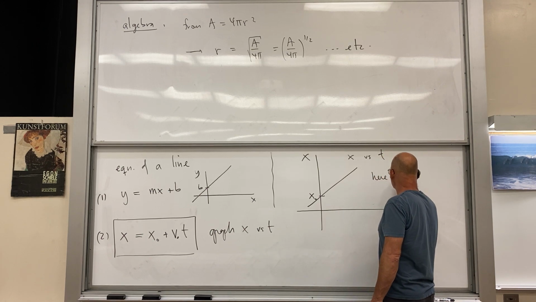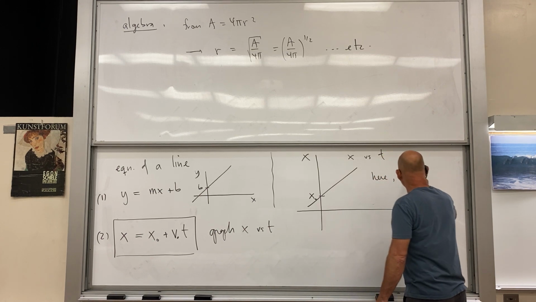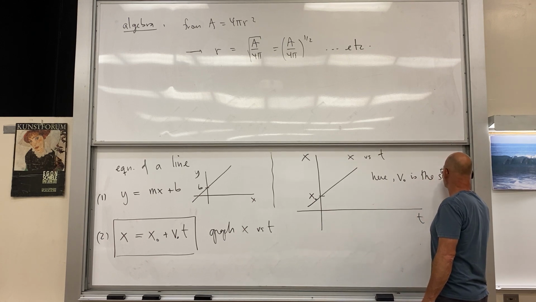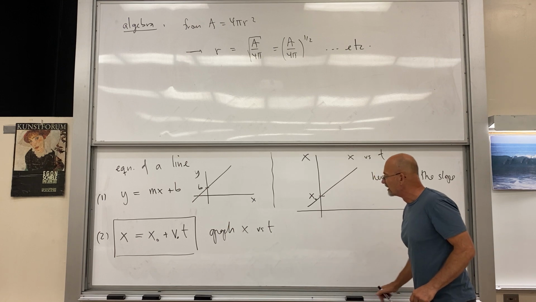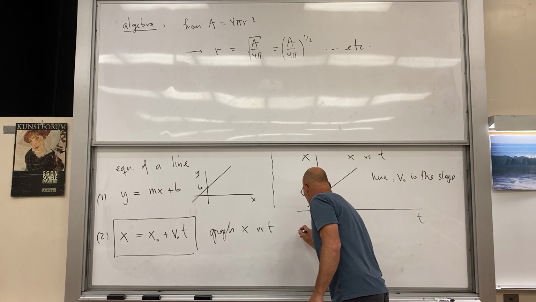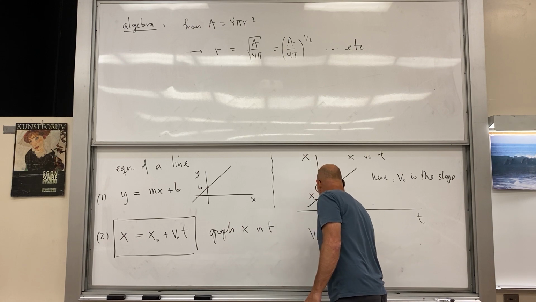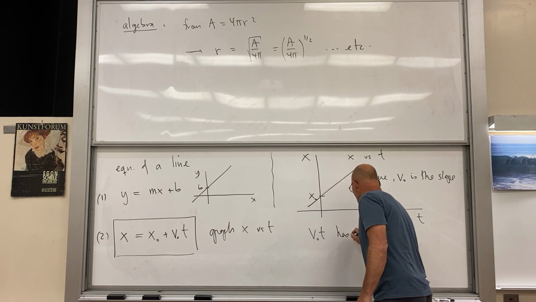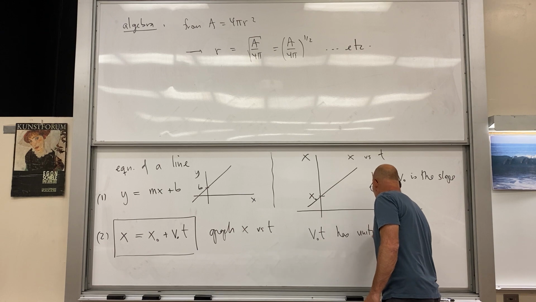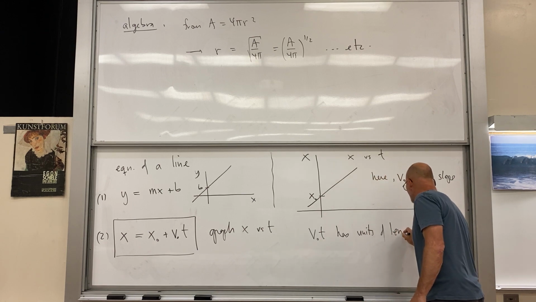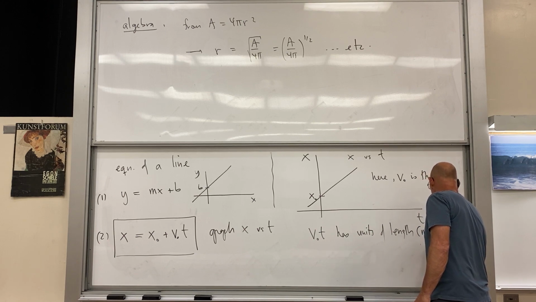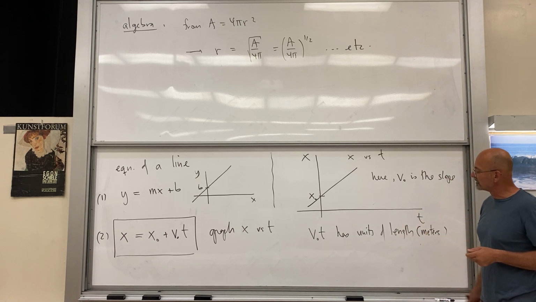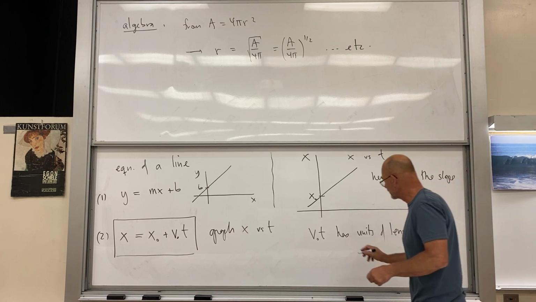So I'm going to write first here, V0 is the slope. And this is a really important lesson. V0T has units of length, which is meters. So here's what we do.